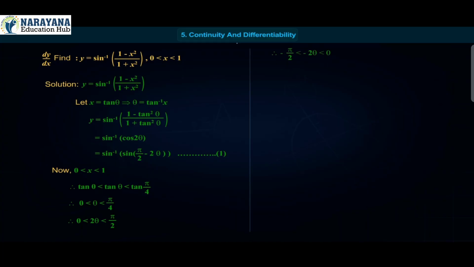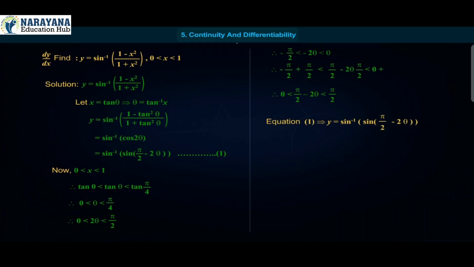Therefore, minus pi by 2 less than minus 2 theta less than 0. Therefore, minus pi by 2 plus pi by 2 less than pi by 2 minus 2 theta less than 0 plus pi by 2. Therefore, 0 less than pi by 2 minus 2 theta less than pi by 2.